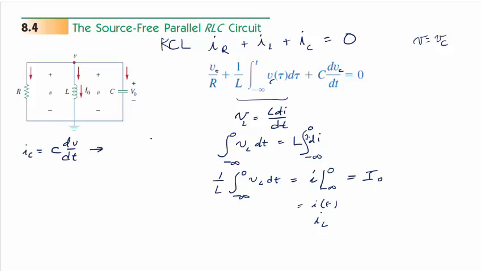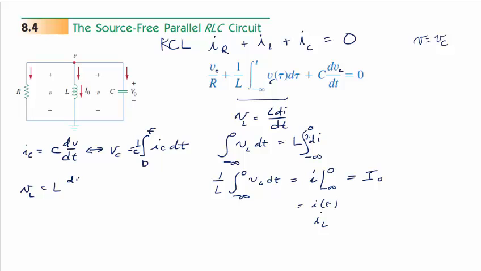And we can do a similar integration thing like we did right here, and we get v sub c equals 1 over C integral of I sub c dt.